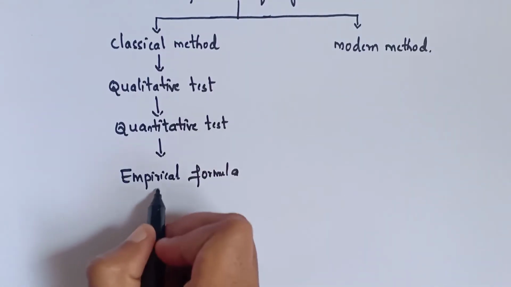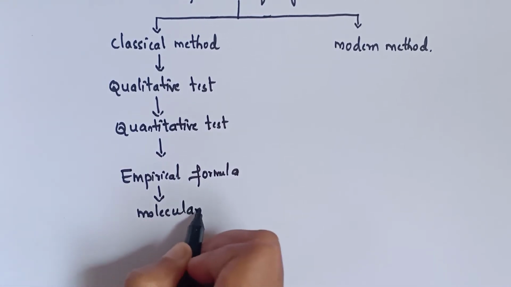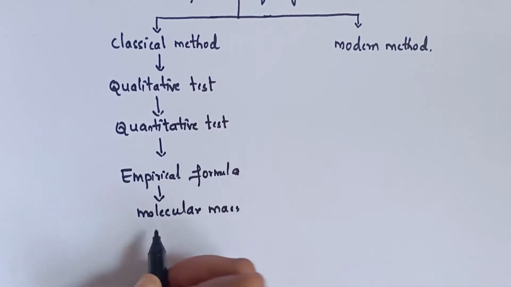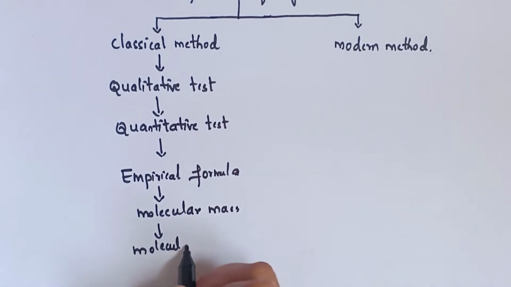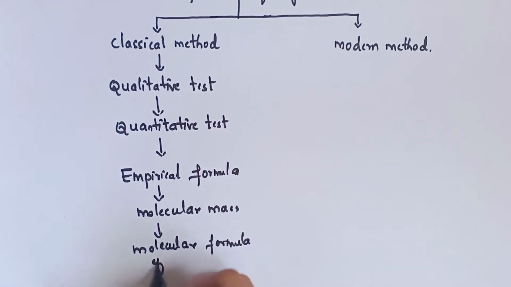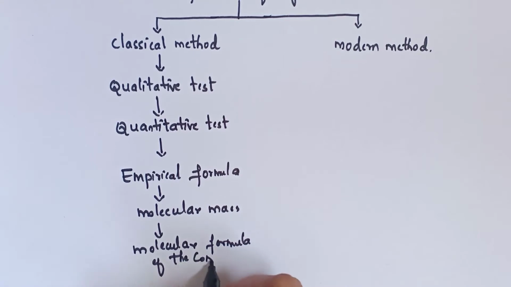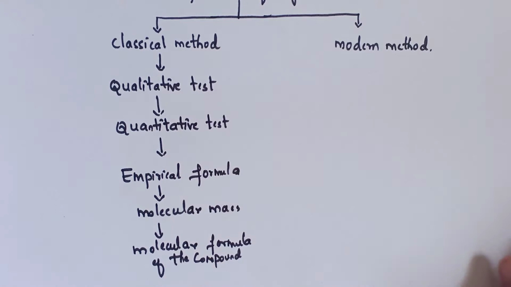Then we have to find out the molecular mass of the given compound. Then comes the molecular formula of the compound. See how many steps are involved in this.